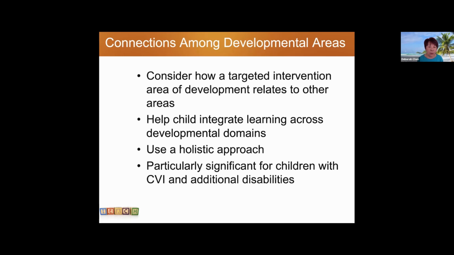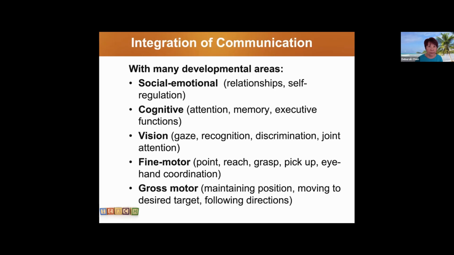So we need to use a holistic or whole child approach, particularly when children have CVI and additional disabilities, in order for them to make sense of what they're learning. So I'm using communication as an example, but you can think about this for other targeted areas.